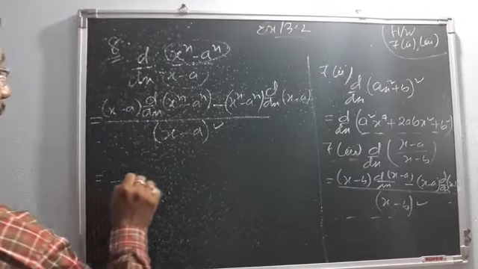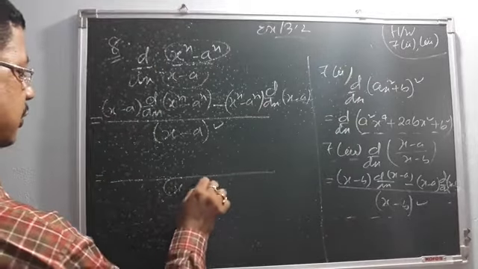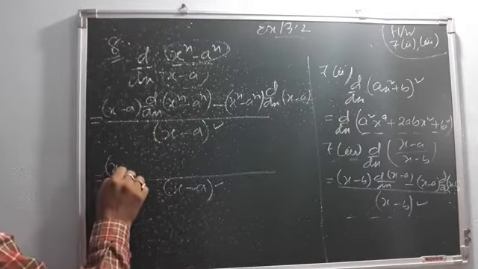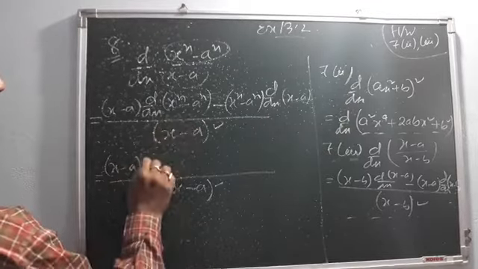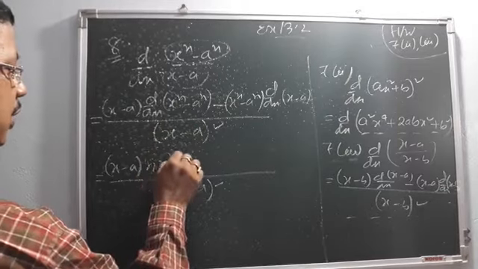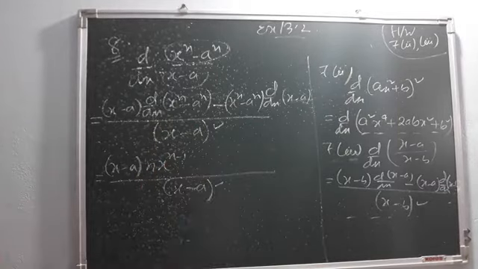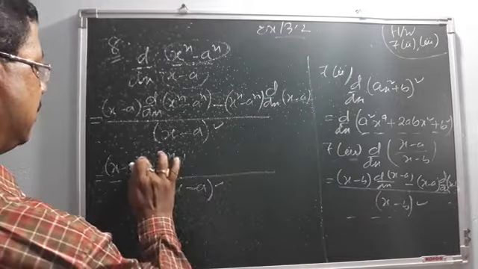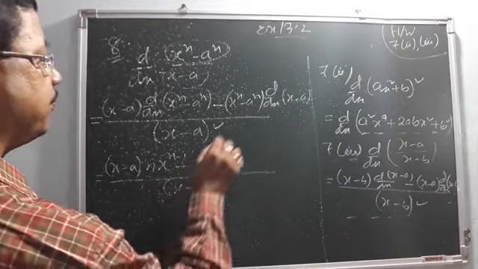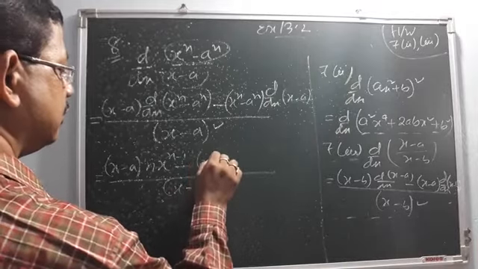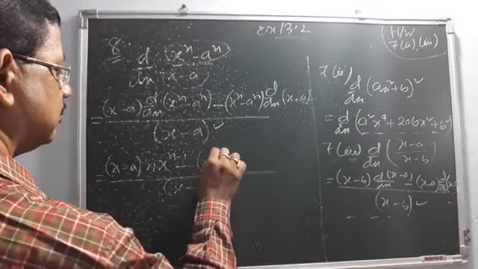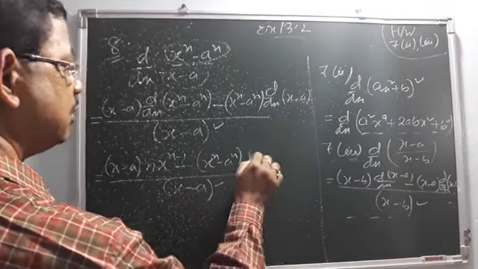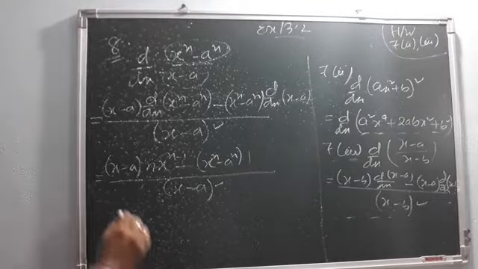Then (x minus a) whole squared. If we differentiate that, this will be n x to the power n minus 1 and a to the power n is 0. If we differentiate x, it is 1 and this is 0.